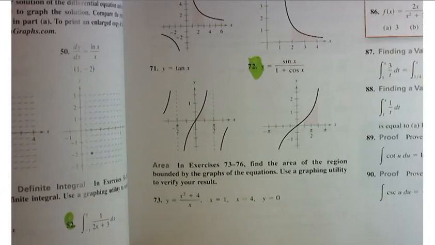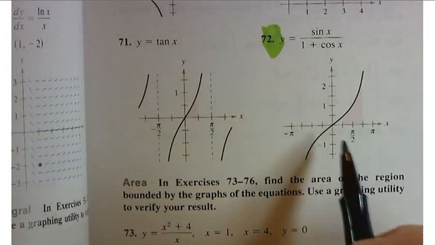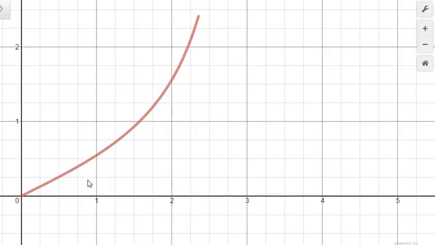So we want to find the area underneath the curve of sine of x over 1 plus cosine of x between pi over 4 and 3 pi over 4. But let me kind of look at it here real quick. So not as nice of a graph, but at least we can see what's going on a little bit better. Here's your function, sine of x over 1 plus cosine of x. We want to find the area underneath this curve between 2 points, pi over 4 and 3 pi over 4.